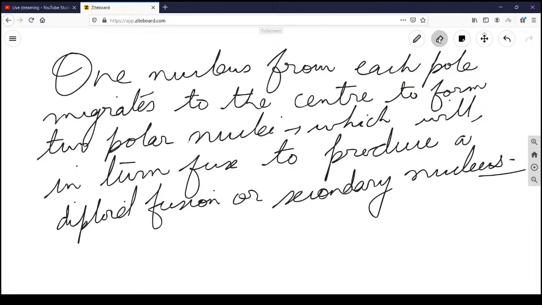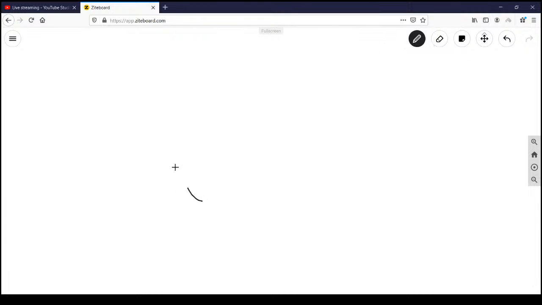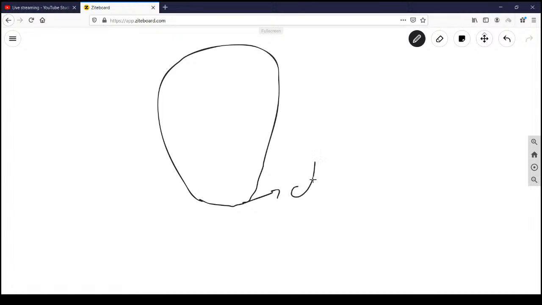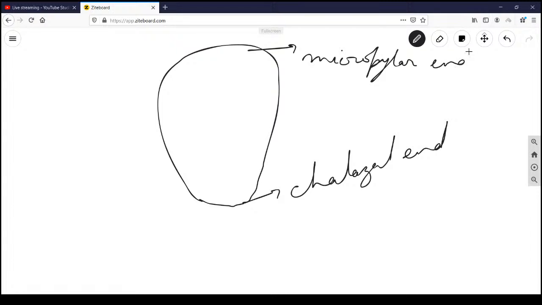If we have this entire thing, this is the chalazal end, and this is the micropylar end, the basal end. So the 3 nuclei at the chalazal end of the embryo sac form the antipodal cells.